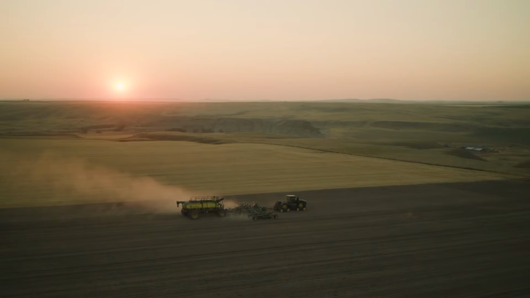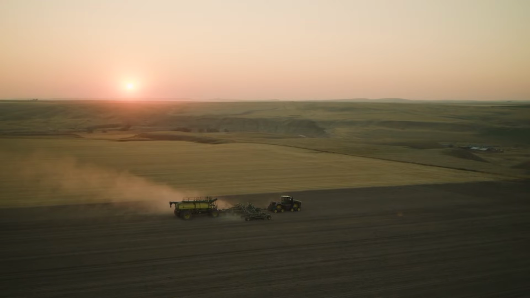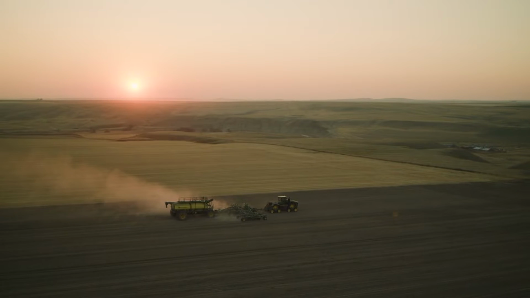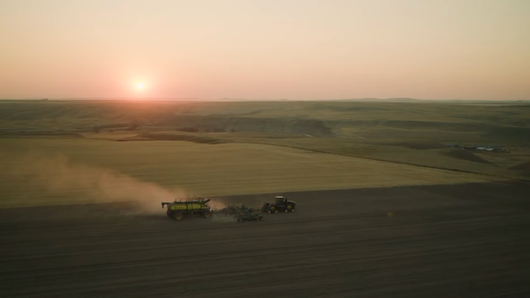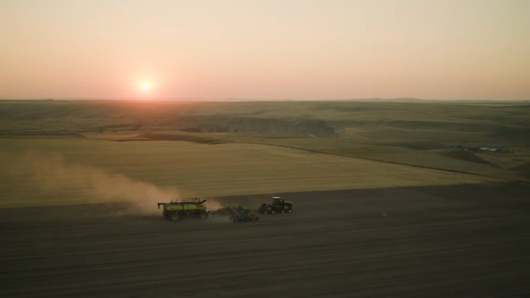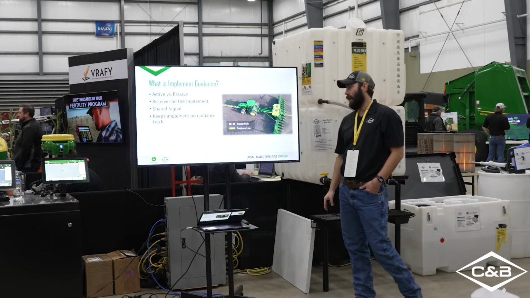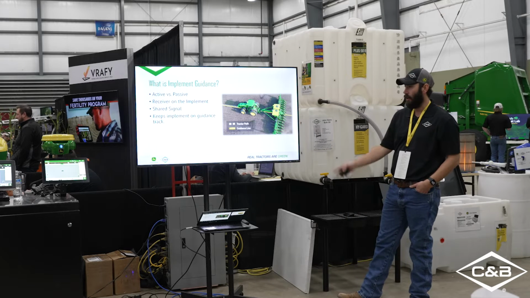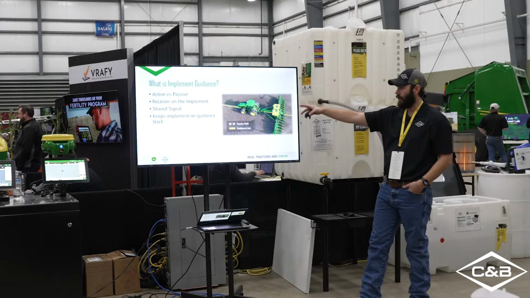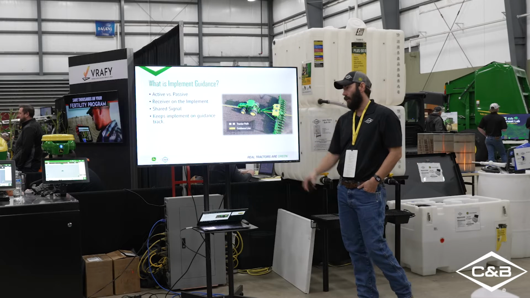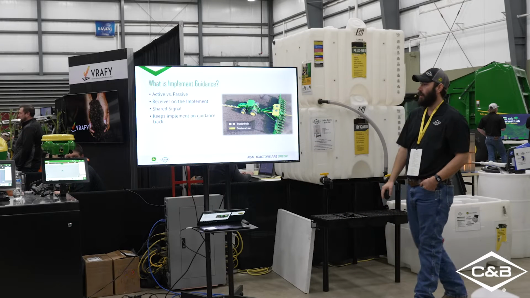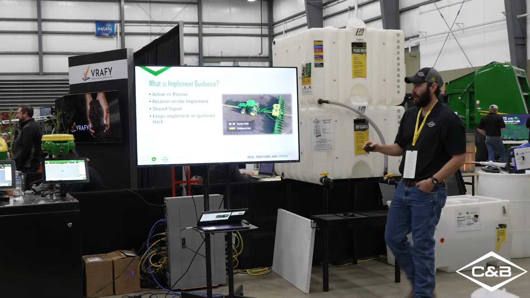So as we think about it, if we're in the hills or maybe going around curves, obviously our tractor normally stays on our AutoTrac line, but our implement could drift left or right a little bit. While putting that implement receiver on here, it's actually going to offset the tractor, and our planter or whatever implement we have should stay right on the line. So again, we have to have that receiver on our implement. We also use shared signal as well, and we'll touch on that here in a little bit.